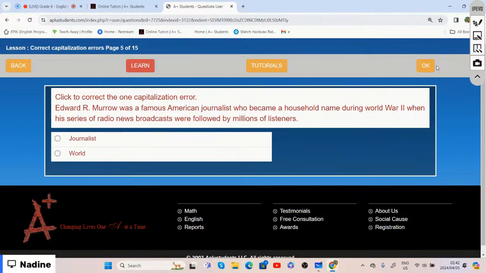They say that he was a famous American journalist who became a household name during World War II. So is it journalist or world for World War II?